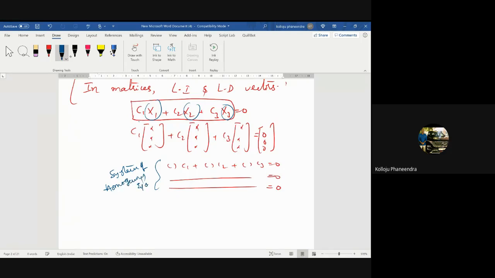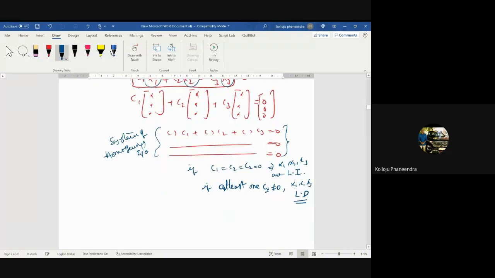Then if I solve this and get the zero solution, all Ci are 0, which means linearly independent. If at least one Ci is not equal to 0, then the vectors are linearly dependent. This is the concept in vectors.